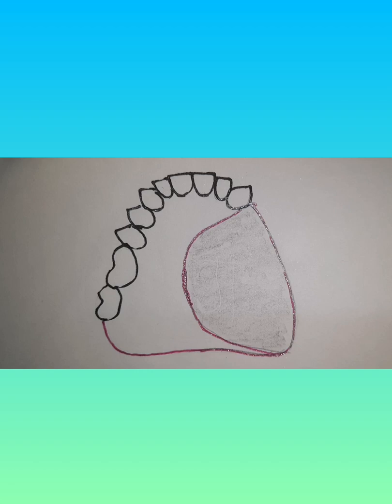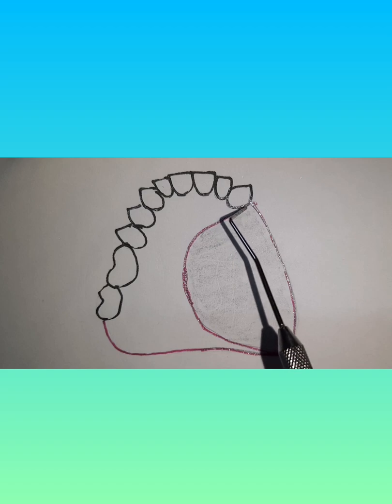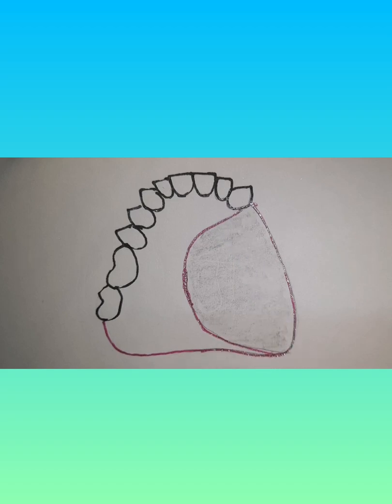So once we have a complete understanding of the types of post-surgical defects, we need to plan and fabricate a prosthesis which can close the defect. Once you have a defect like this, we need a maxillofacial prosthesis which can close this type of defect, and the prosthesis which closes it is called an obturator.